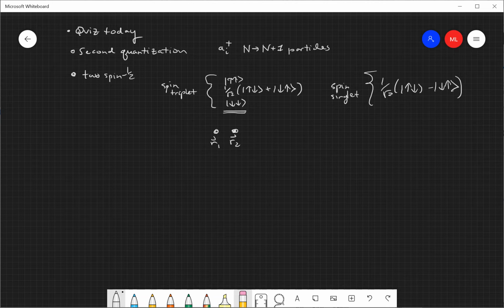And so it's kind of fun to think about, right? We know that for the spin triplet, we have to have an anti-symmetric total wave function.